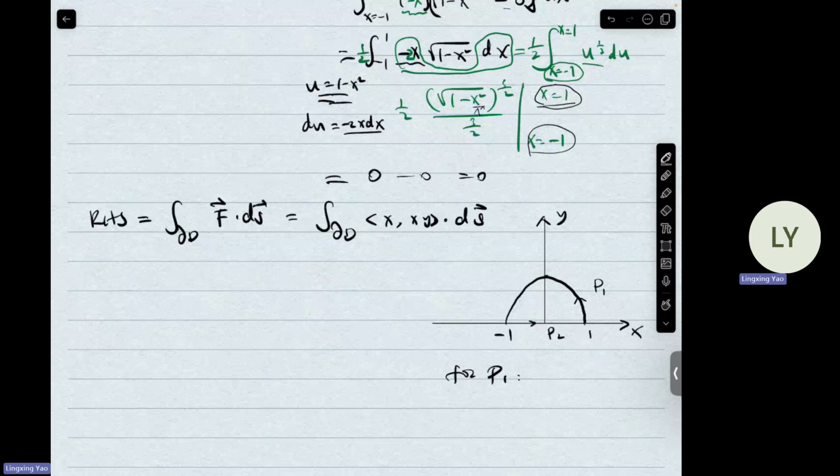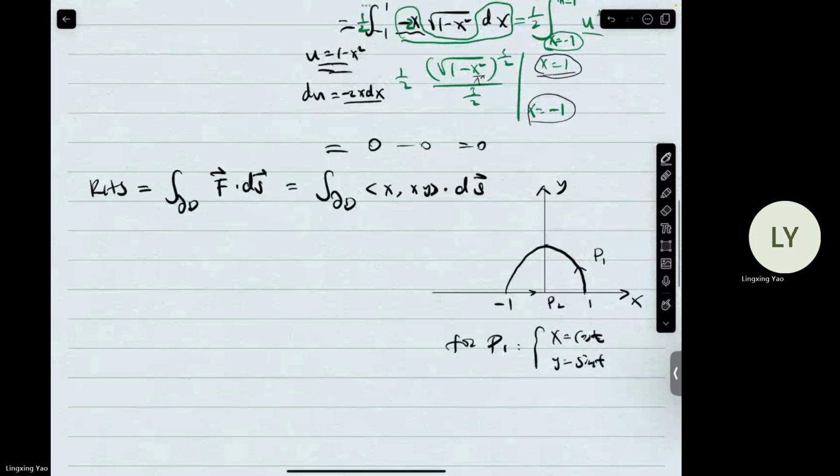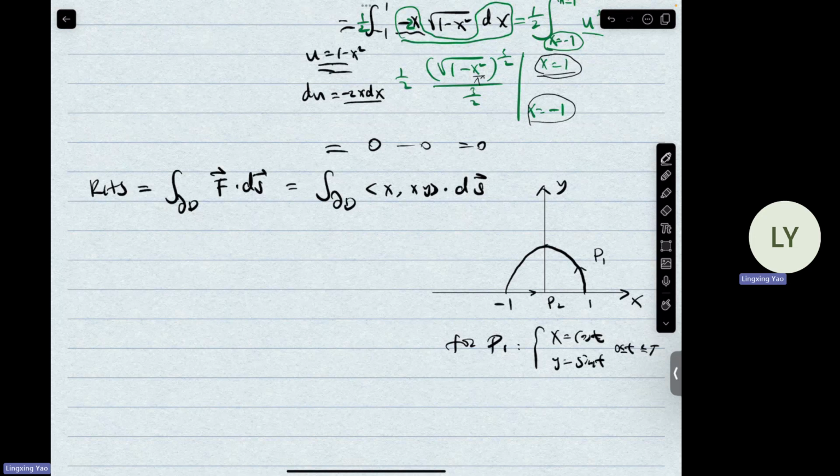we have a couple ways to parameterize this. If you remember in our previous discussion, we could use either the x variable or polar coordinates. So on top of it, we just use polar coordinates, where t is between 0 and pi.